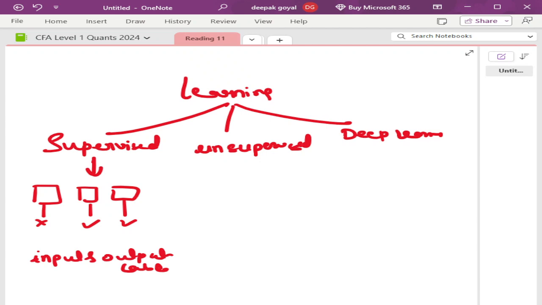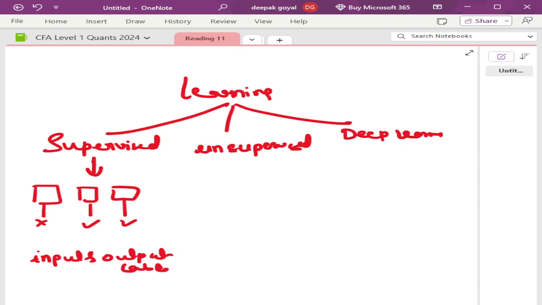We give 10 photos, some of cats, some of tigers, some of dogs, and they all look similar. The information that this is a cat is not there, so the machine itself has to understand that this should be the cat, this the tiger, this the dog.